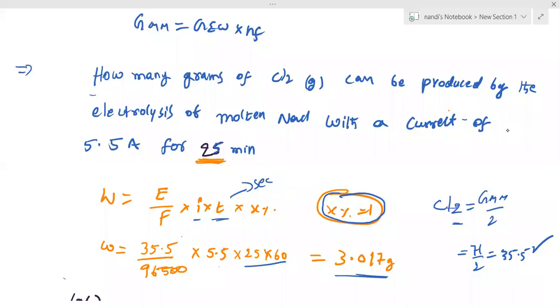We can try an alternate method also for this question. You can note down, sir. Number of Faradays is equal to I into T in seconds by 96500. Please note down this one. This is the number of Faradays.